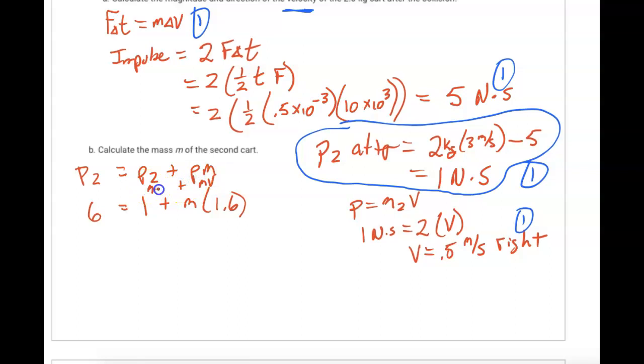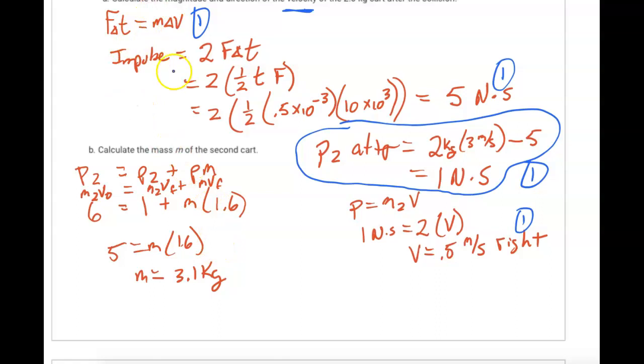So this would be the mass of cart 2 times its final velocity. All right, 6 minus 1 is 5. That's equal to m times 1.6. And so our mass here is equal to 3.1 kilograms. So now I've calculated the mass of that second cart.